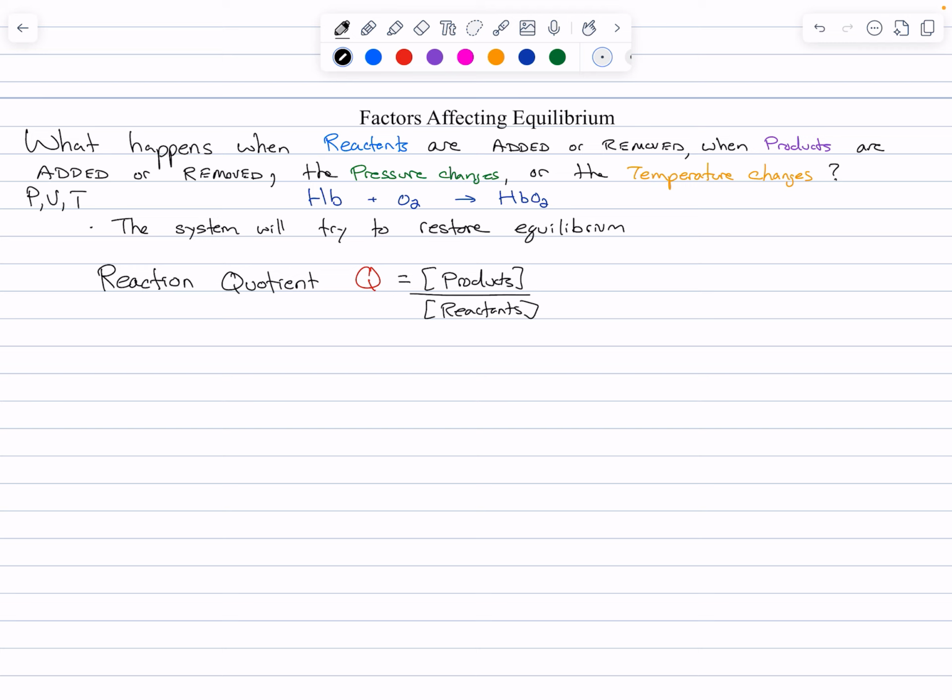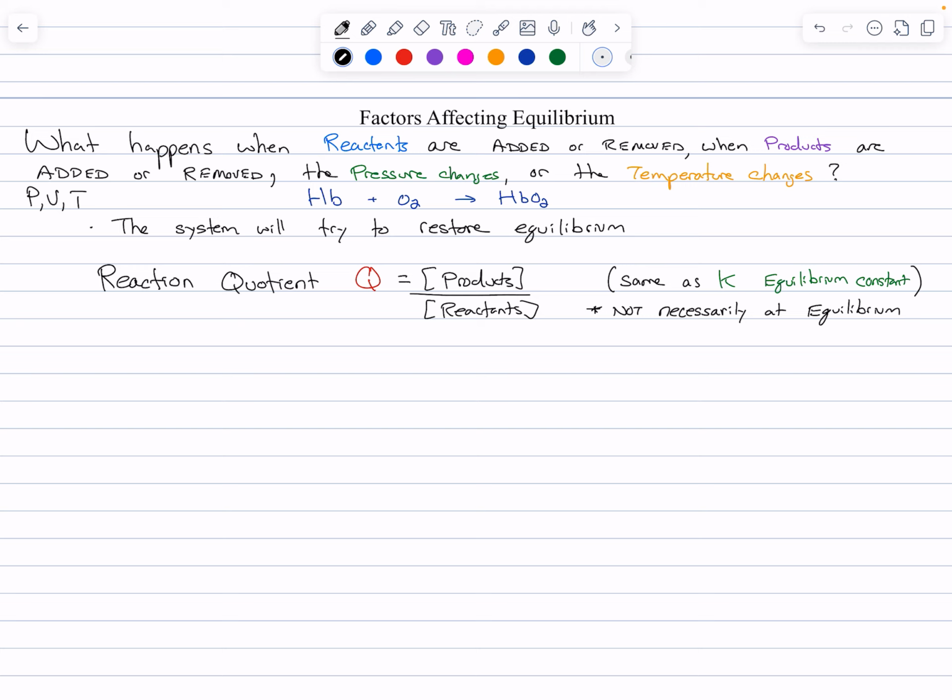You may think, hey, that's the same as our equilibrium constant K, and you'd be right. What's the difference? It's not necessarily at equilibrium. So this tells us where we are in our situation, in our reaction.